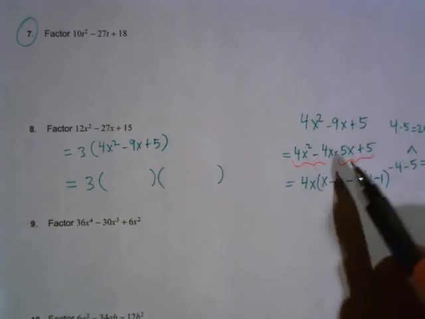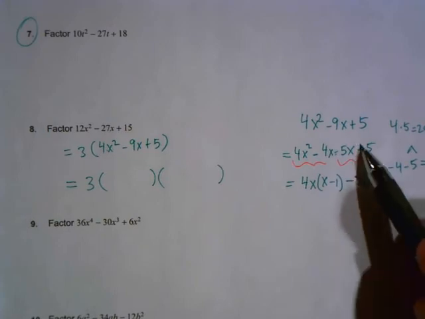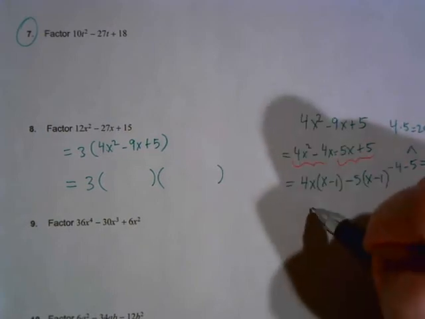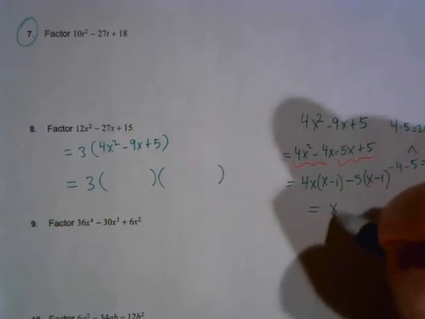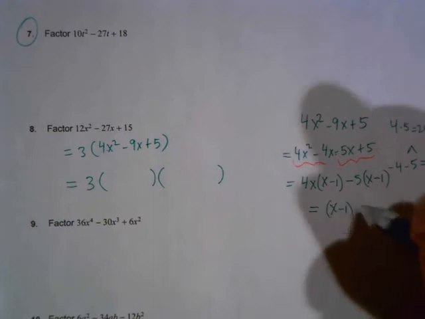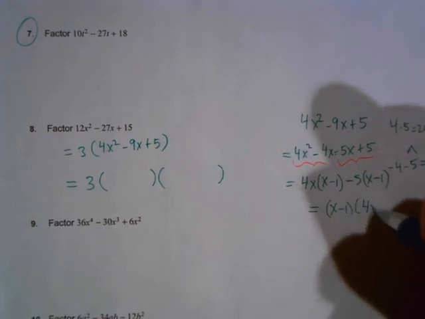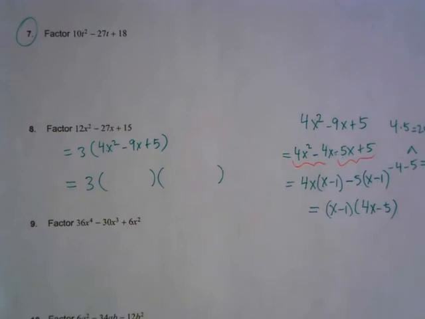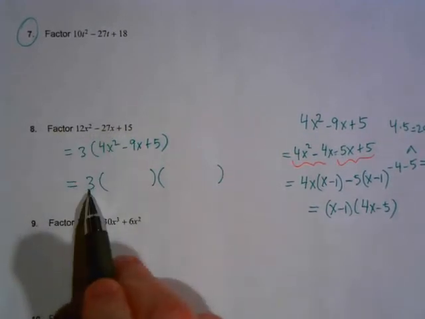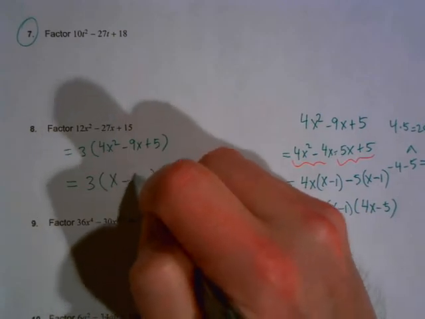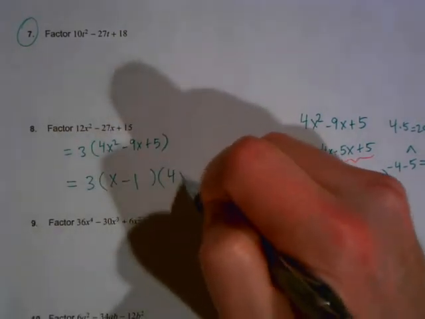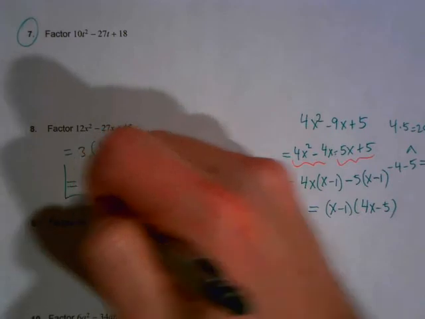Remember when you put this minus out here that this sign changes. So we have x minus 1 and 4x minus 5. Okay, so my final answer to the problem that was asked: I have the 3 out front, I have an x minus 1, and I have a 4x minus 5. There's my final answer.